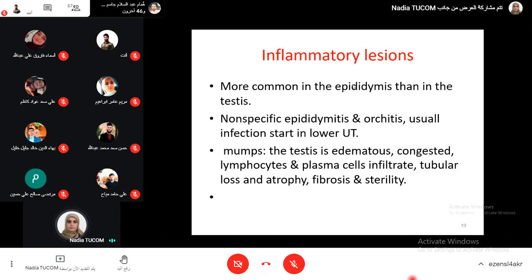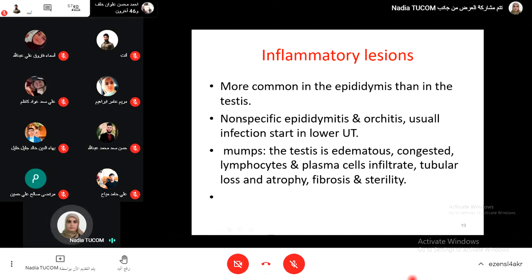Most commonly it spreads from urinary tract infection, prostatitis, cystitis, or urethritis to the testis and epididymis.